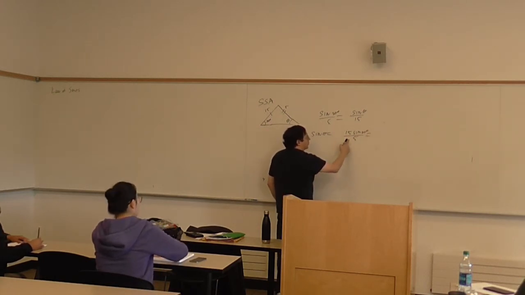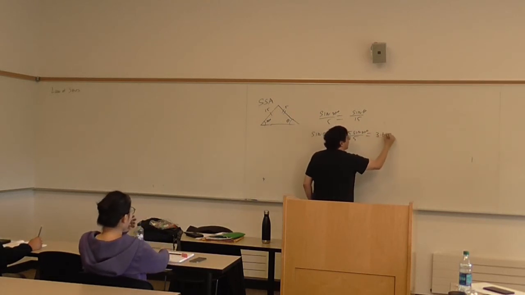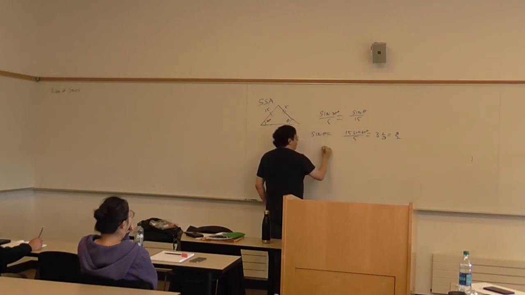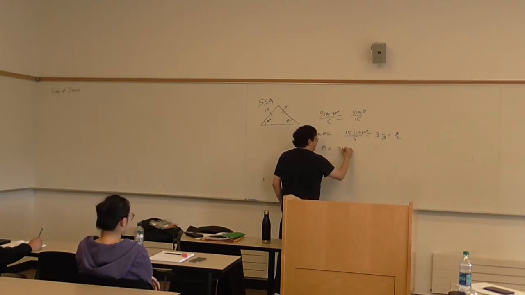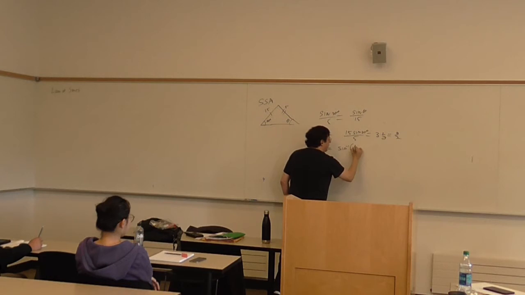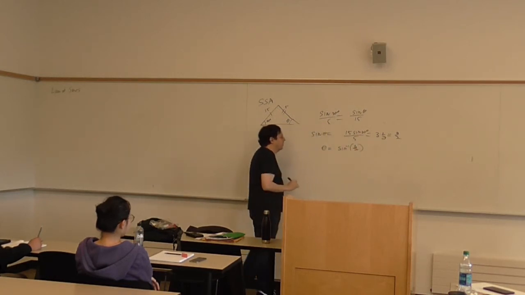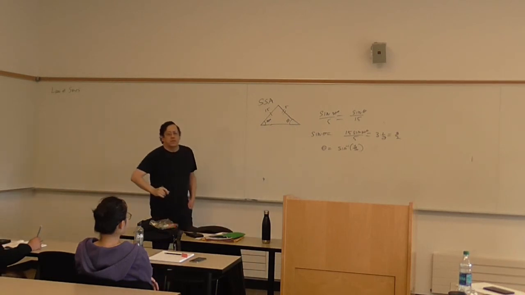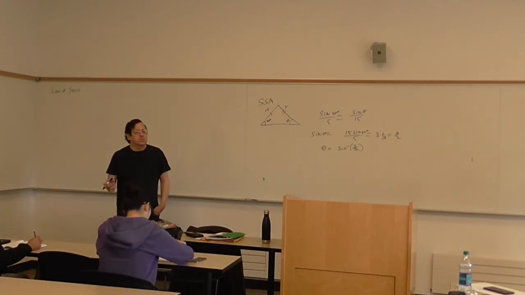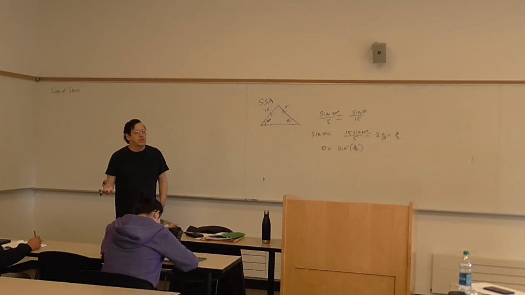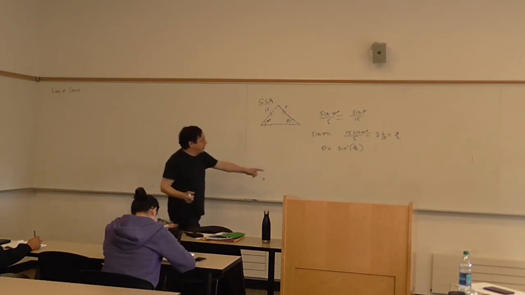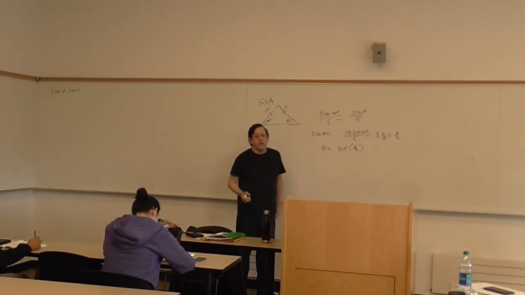This is 3 times a half, equals 3/2. So theta is just inverse sine of 3/2. Okay, good. We can find theta, right? Can we find theta? What's wrong with the inverse sine of 3/2?